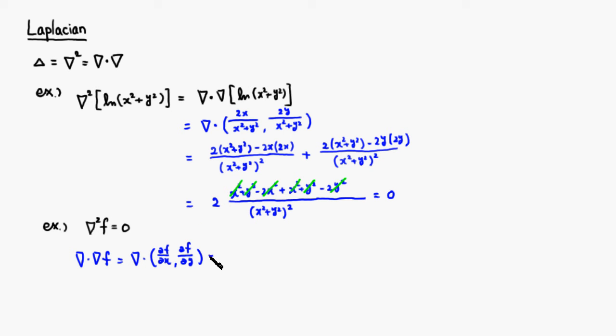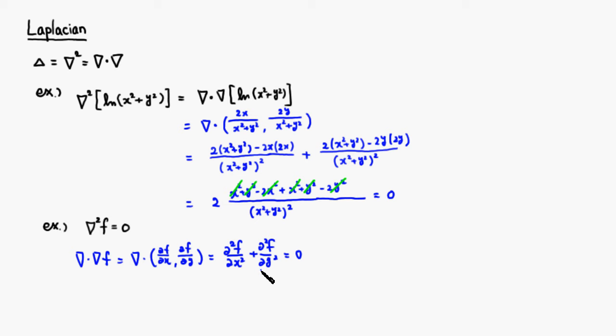Then take the divergence. The divergence is the second partial of f with respect to x plus the second partial of f with respect to y, and this is equal to 0.